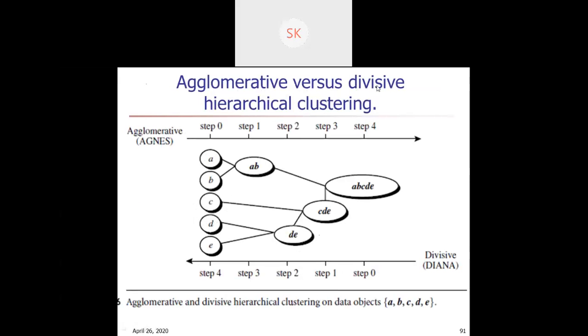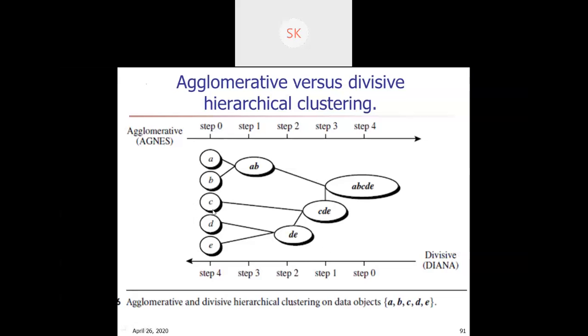So, agglomerative versus reverse hierarchical clustering. If you look at this diagram from left to right, it is agglomerative, and divisive is from right to left. So steps 0, 1, 2, 3, 4 for agglomerative and divisive 0, 1, 2, 3, 4.